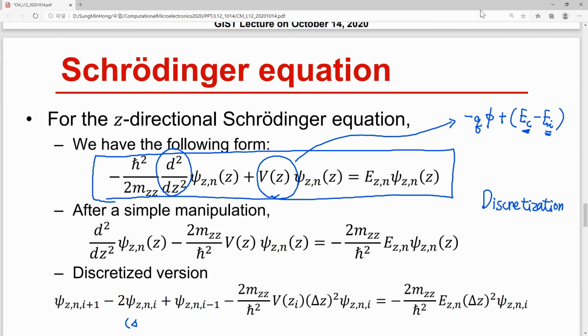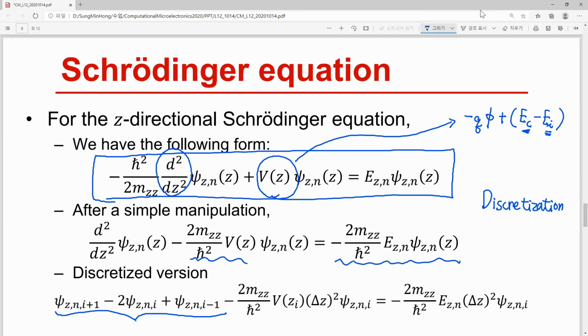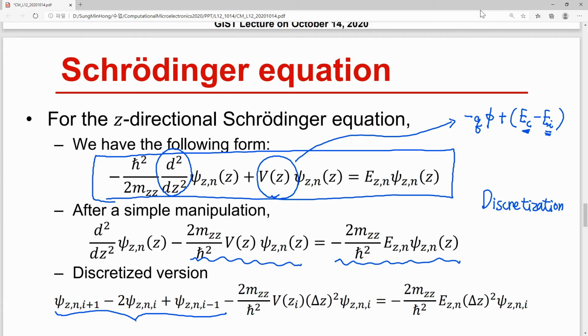That's the reason why our second order differential operator is combined with the square of delta z. As you can see, these terms are just given terms which are not related with the derivation.